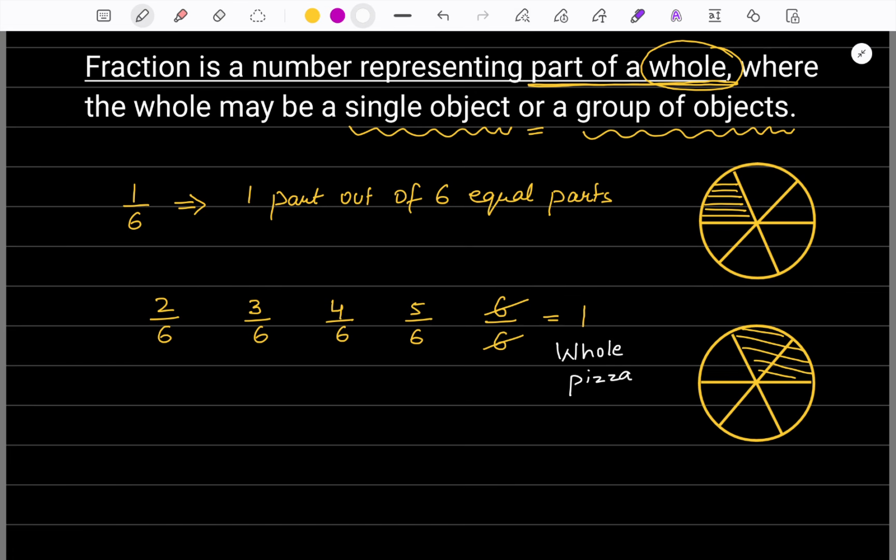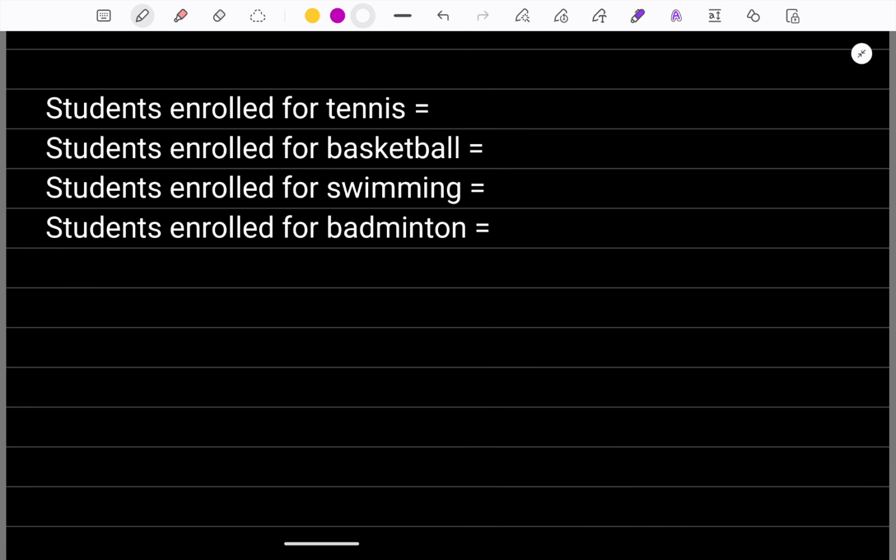Now to show that whole can be used for a group of objects as well, we take another example, and in this particular example we are talking about the preference of students towards different sporting events. Students enrolled for tennis, let's say this number is 2.